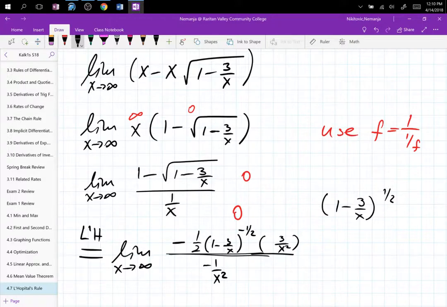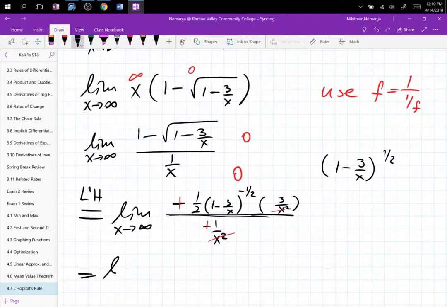So that minus from that calculation and this minus from here together make a plus over there. All right, so what do I have? I have a negative cancel a negative, and x squared denominator cancel x squared denominator, and I lose the denominator altogether.